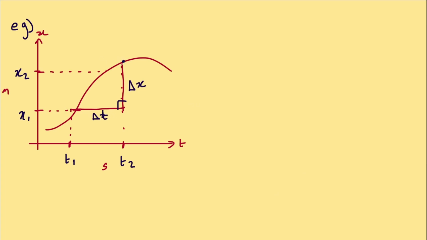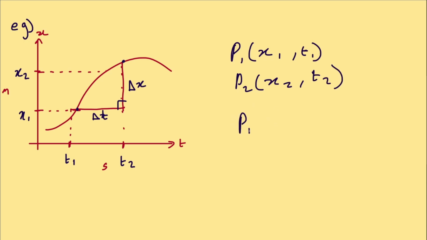But let's name these points. This point here will be P1, so x1, t1. This point here will be P2, so x2, t2. So we've just labeled these 2 points. The slope of P1, P2, as we learned from the prior example, is delta x over delta t, which is also the average velocity during this time interval.